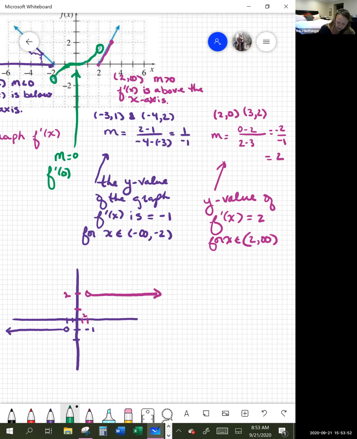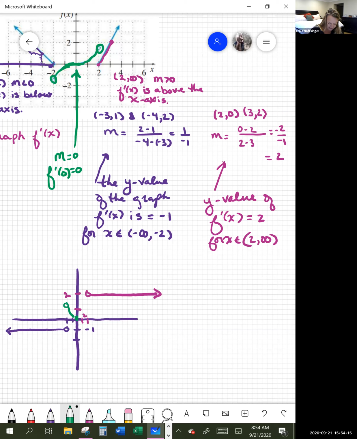This is where it's going to touch the axis. Basically, we have an open circle.